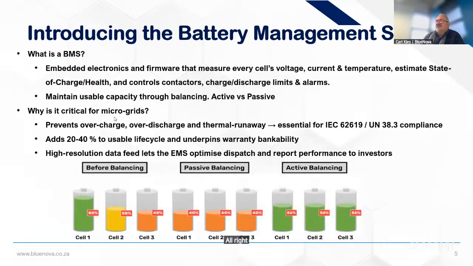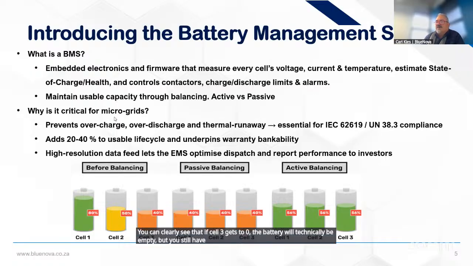All right, and there's just a quick little indication of the difference between active and passive balancing. This is a bit of a worst-case scenario, but let's say in this battery you've got cell 1 at 80%, cell 2 at 50%, and cell 3 at 40%. You can clearly see that if cell 3 gets to 0, the battery will technically be empty, but you still have 40% of capacity in cell 1, which you can't use.